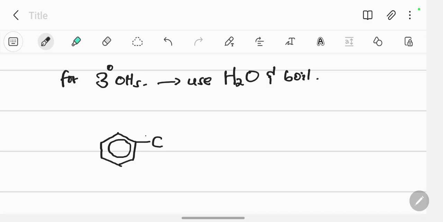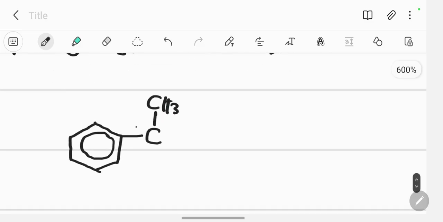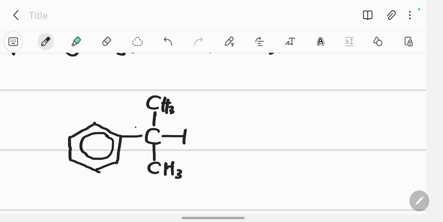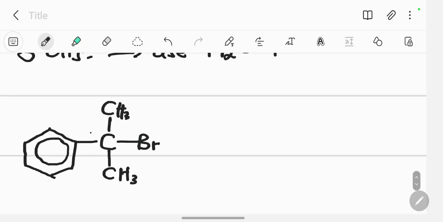So I'm having a carbon here, CH3, and CH3, then bromine there.